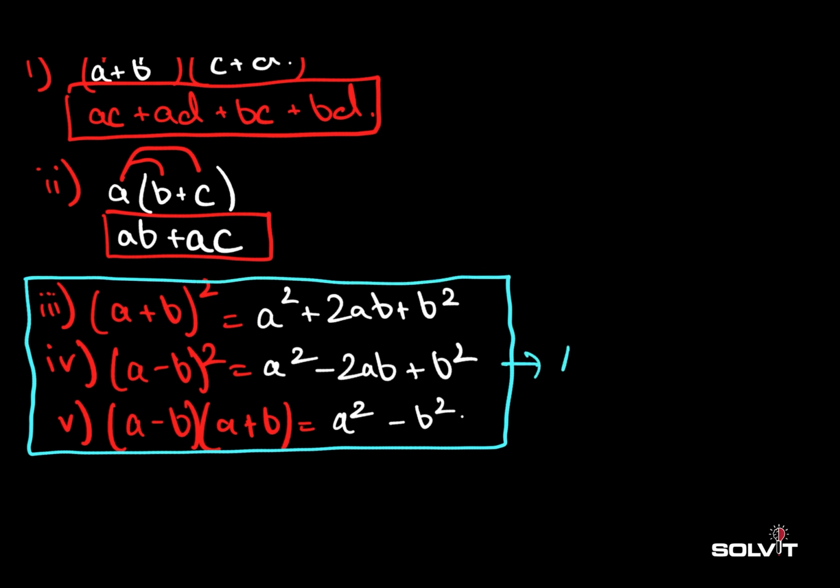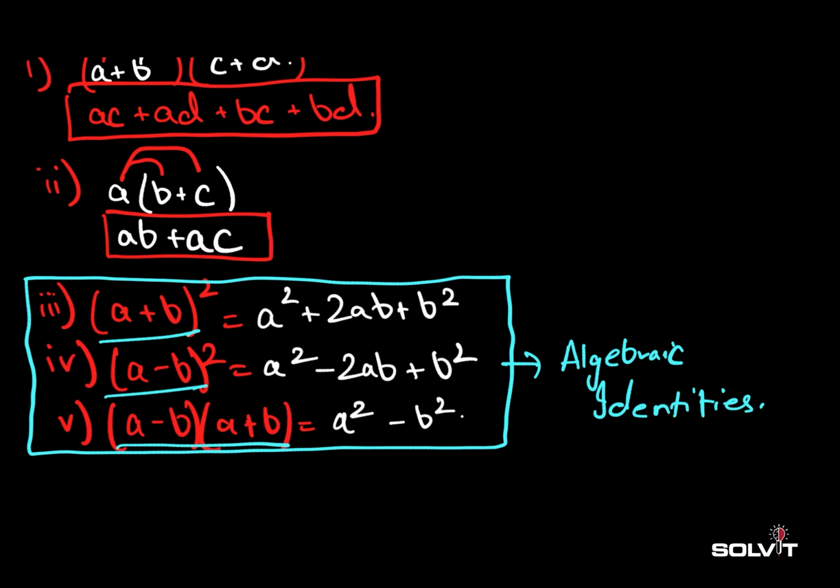They are also used to convert a factorized form into an expanded form, as discussed in this slide. It is an identity because (a minus b)(a plus b) is factorized, and when expanded, it looks like a square minus b square.